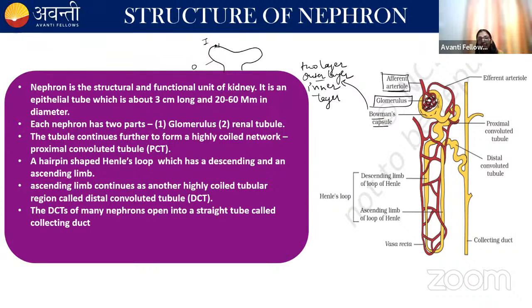The inner layer consists of finger-like projecting cells known as podocytes. Between the podocytes, slits are present, known as the filtration slits. Remember this. If a question asks where these filtration slits are present, remember that the filtration slits and podocytes are present in the inner layer of Bowman capsule.